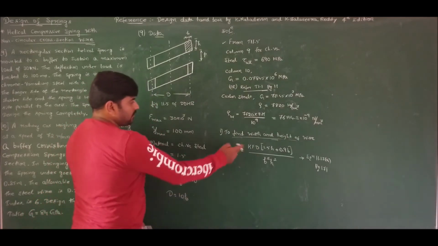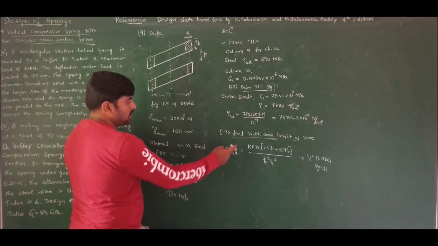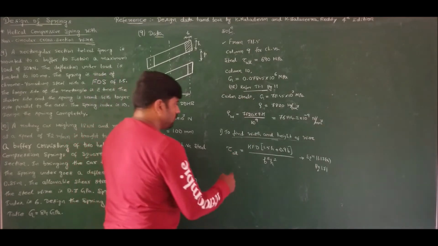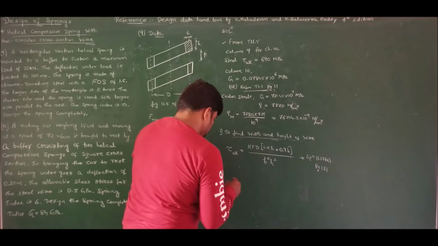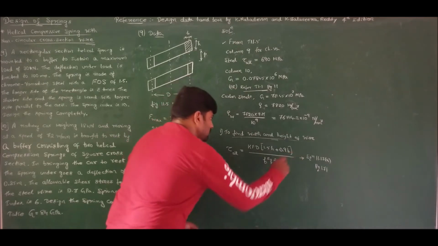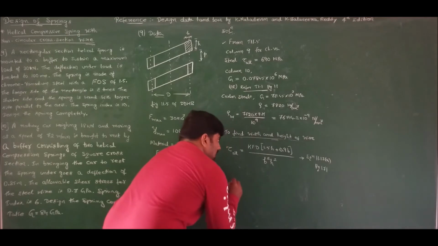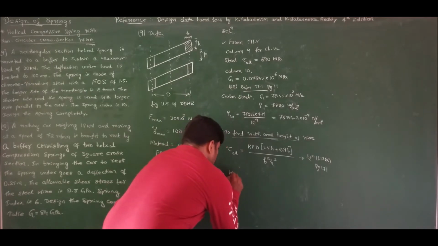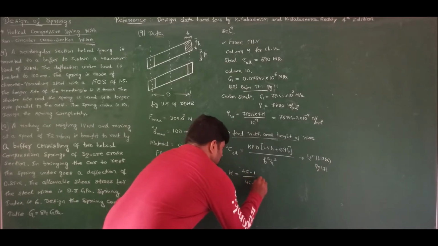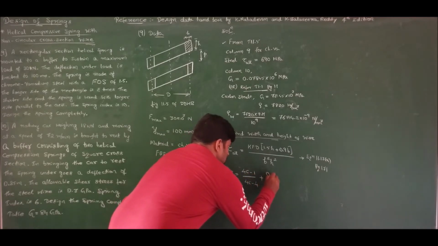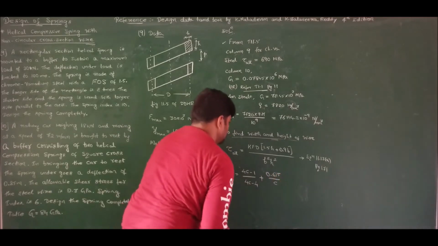F max is known, tau allowable is known. I don't know the value of K, so let us find the value of K. The equation is specified below this equation on page number 171 of our design data handbook. K is equal to (4C minus 1) by (4C minus 4) plus 0.615 by C. This is Wahl's correction factor.